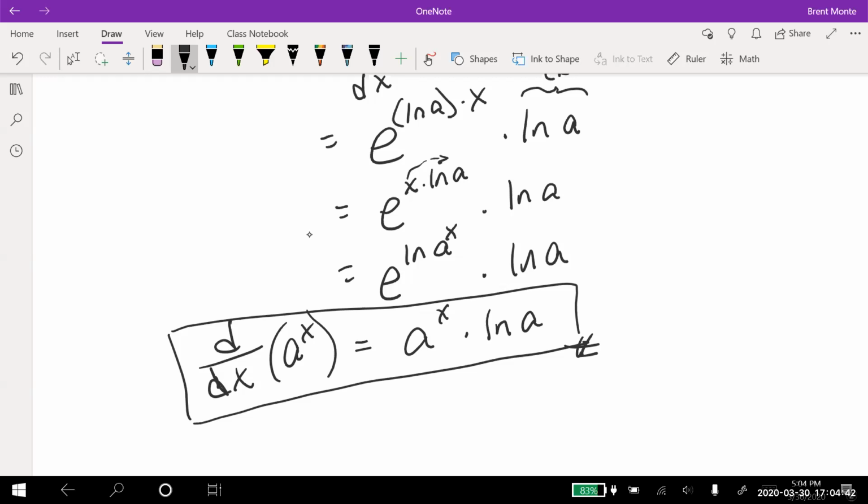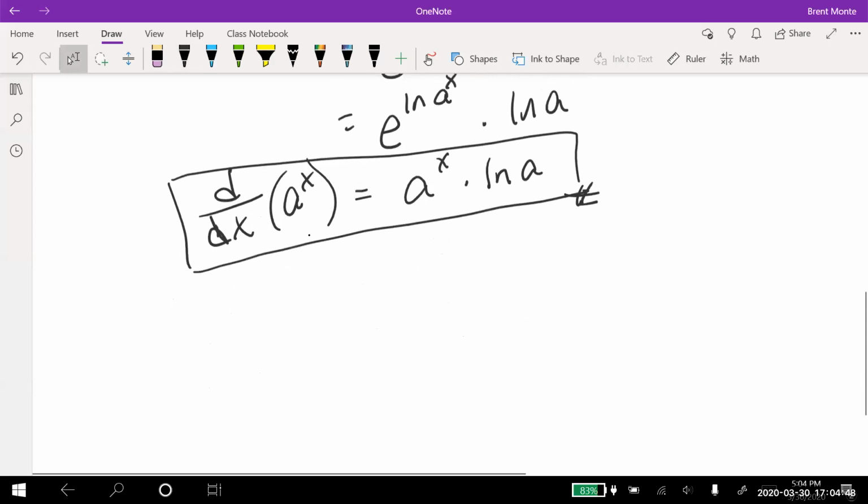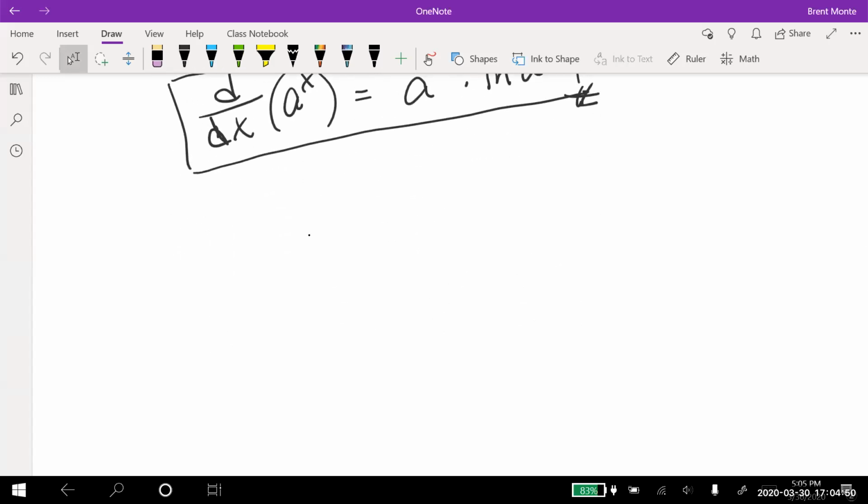I'll show you the derivative of ln of x, so we have those together, although I'm not going to go through the proof. The proof is in the book if you want to see it. We'll just say also, so similarly, if I take the derivative of, oops, I don't want ln of x, I want some different base.